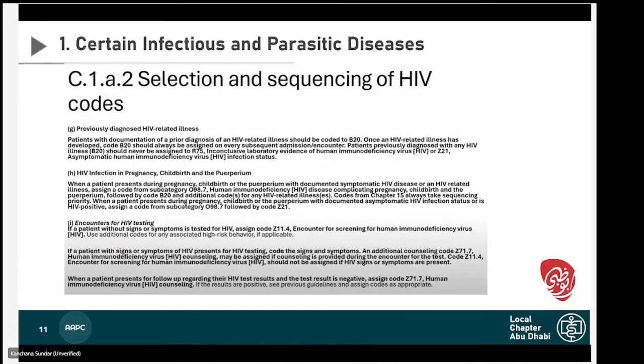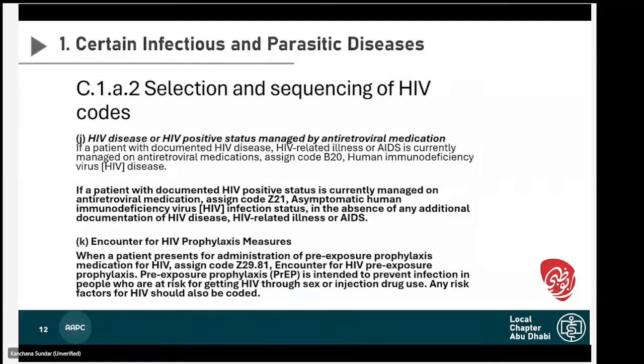So that's about the HIV B20 and Z21 coding. And here, this slide summarizes the antiretroviral medication, how to code and when to code. And we also have this K, encounter for HIV prophylaxis measures. This is a very interesting inclusion for our HIV coding. The antiretroviral medication has no changes.